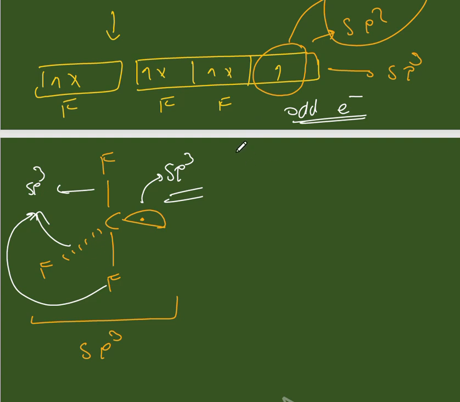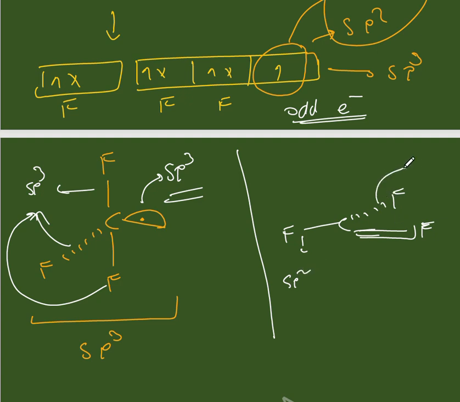Also, it can be something like this. The carbon can be here, one fluorine this side, one fluorine this side above the plane, and one fluorine like here. And like these are sp2 hybridized orbitals, sp2, sp2, sp2, and you have a pure p orbital stationing only the odd electron.